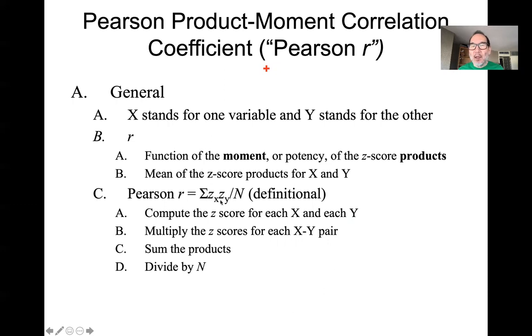Add that up, divide it by the total number, 10 or 20 subjects, and that will give you the Pearson R. If you look at it, it kind of looks like a mathematical average. So we're getting the sum of the Z-score products for all the subjects divided by n. Looks kind of like the variance too, oddly enough.